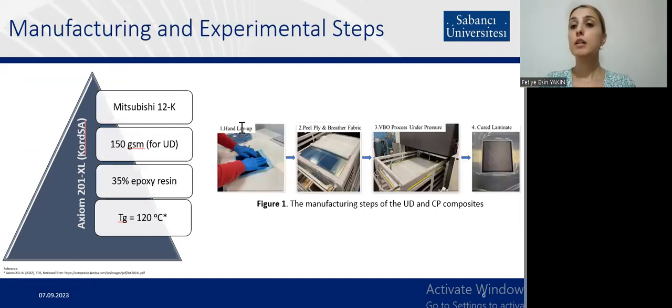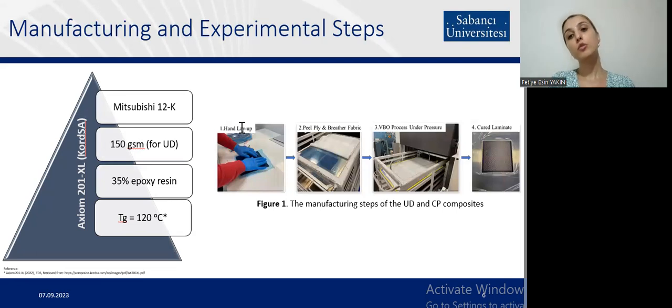In the left part, you can see our prepreg. The prepreg name is Axiom, which is bought from Composite. You can see the fiber type, the areal weight of the fabric, the epoxy resin type, the epoxy resin percentage, and the glass transition temperature of the composites.